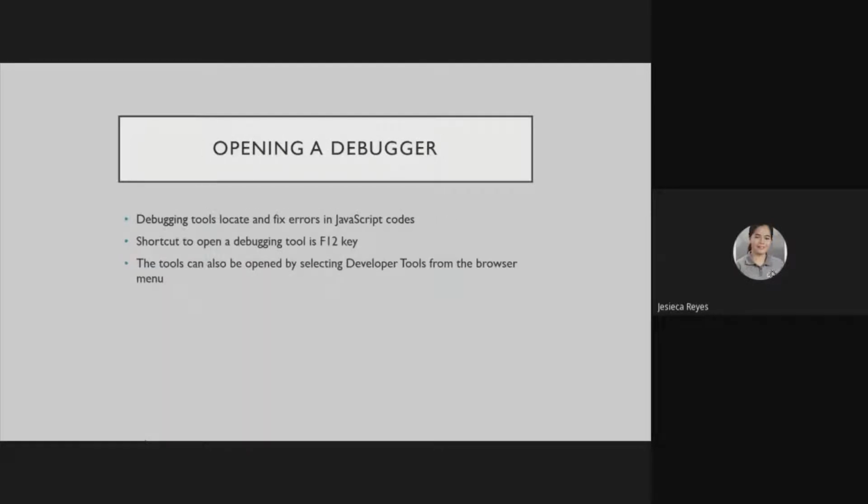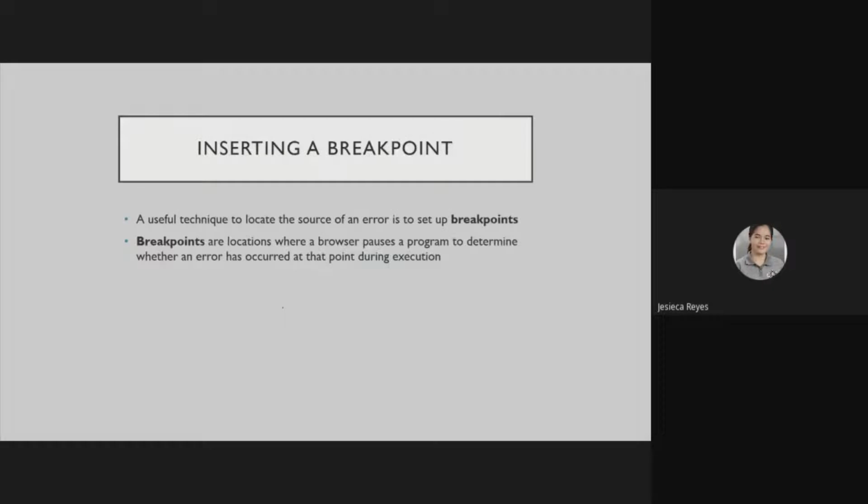Now, in opening a debugger, you can use F12 in most browsers. These tools can be opened by selecting the developer tools from the browser menu. And there is a technique to locate the source of an error: setting up breakpoints.